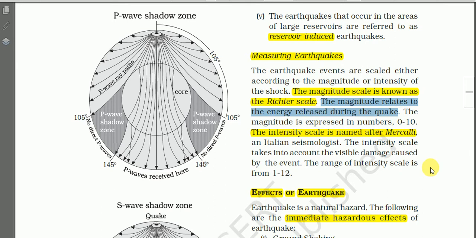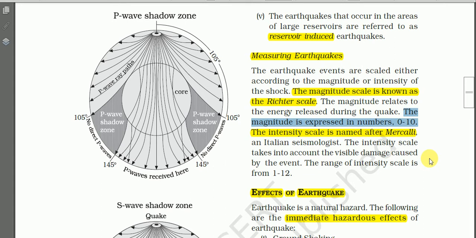The magnitude scale is related to the energy released at the time of the earthquake, and the magnitude is expressed in numbers 0 to 10. The smallest value is 0 and the highest value is 10 in the Richter scale.